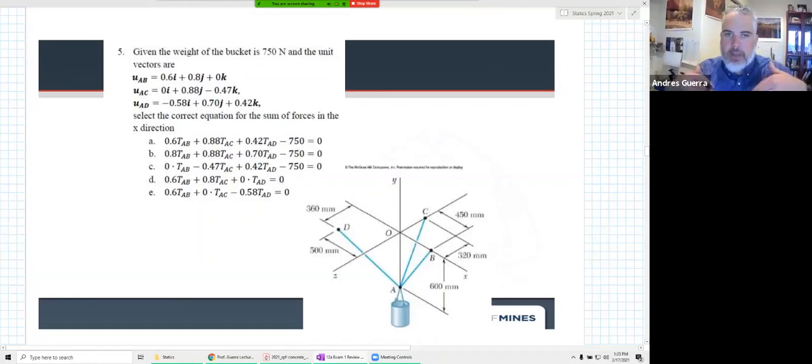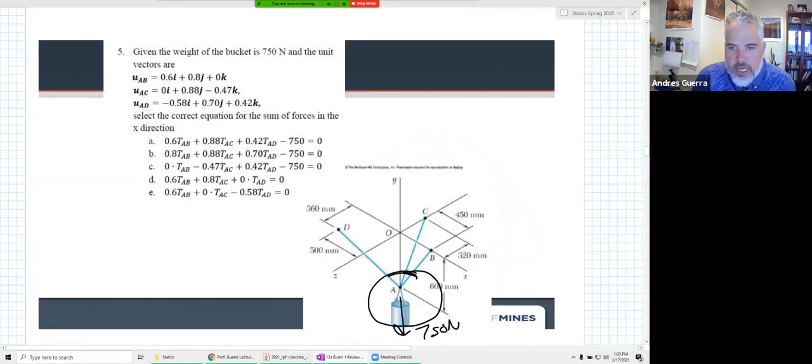So for example, let's talk about that same process for this one. Right, we talked about, okay, well, first, given the weight of the bucket is 750 newtons and the unit vectors are given, select the correct equation for sum of forces in the X direction. Well, this is just part of that process because we would do an FBD at A because we know this is 750 newtons going down.